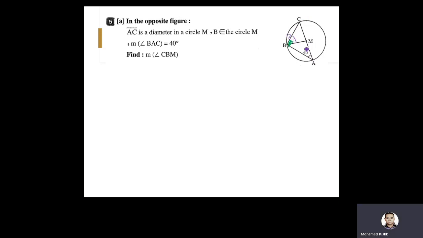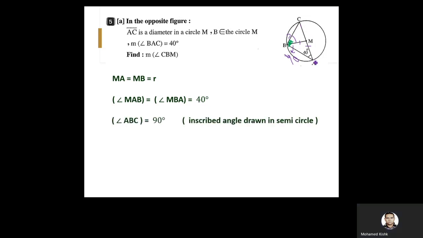Okay, in triangle AMB, we have AM and MB as two radii, so they are equal in length. So that is an isosceles triangle, which means the measure of angle MBA is also 40 degrees. We have said that ABC is 90 degrees, so we can subtract 40 from 90, and the measure of angle CBM will be 50 degrees.